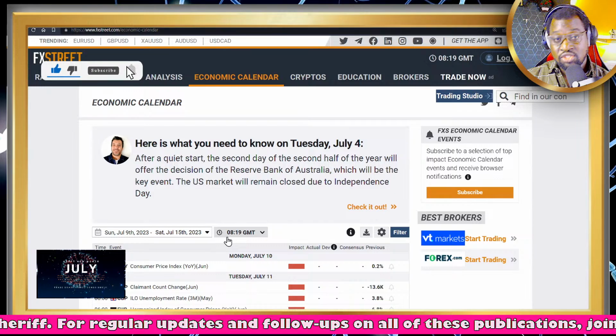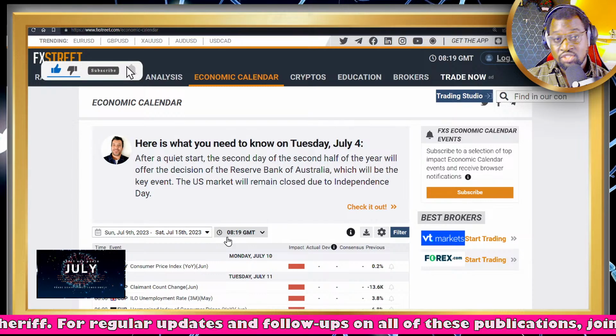I keep getting my settings going back to next week. I don't know why. So here we have for today. So for today, July 4, Tuesday, from what we have here, there are no high impact events to look forward to from any of the economic dockets on our watch list.